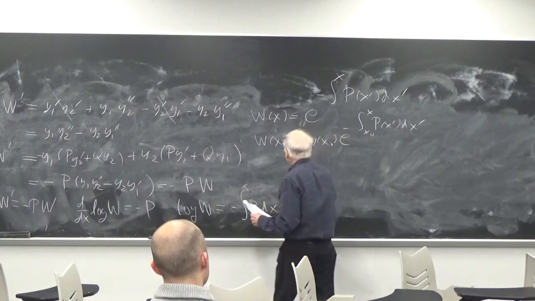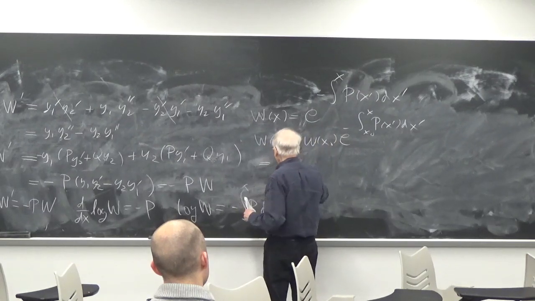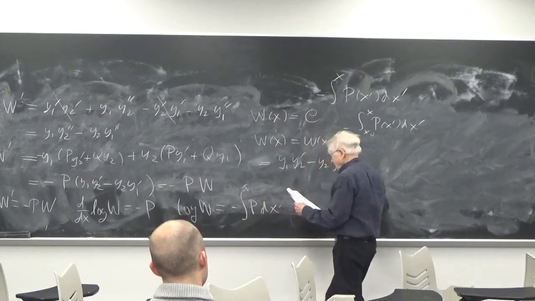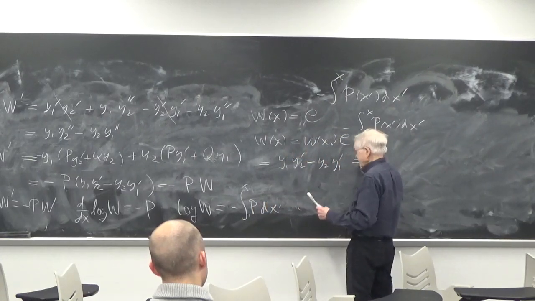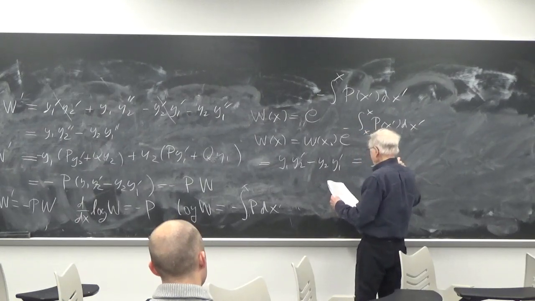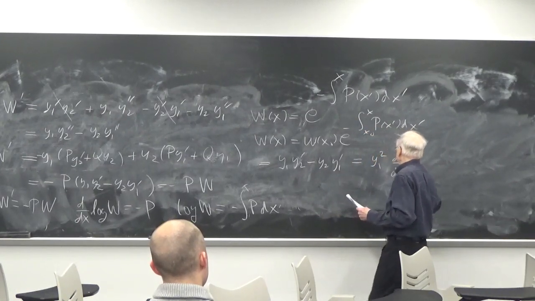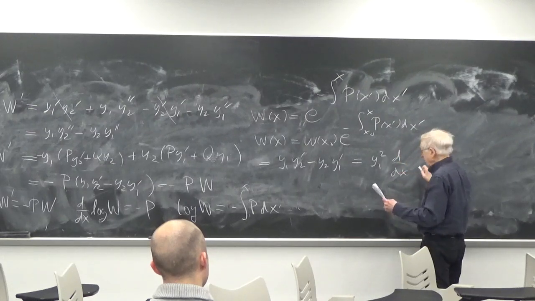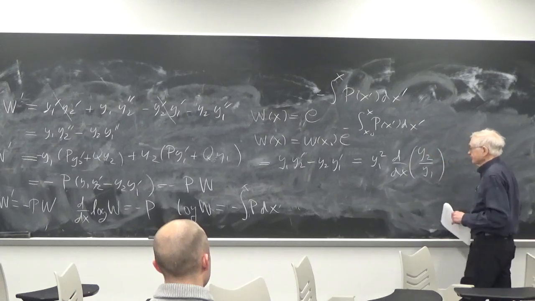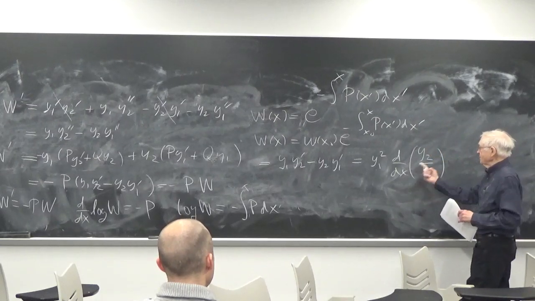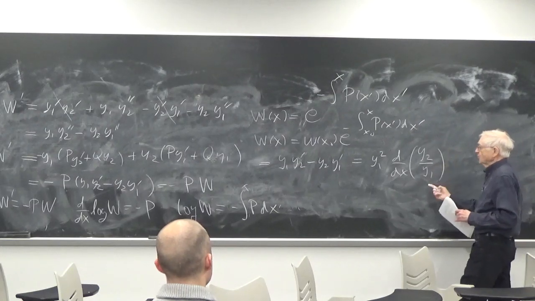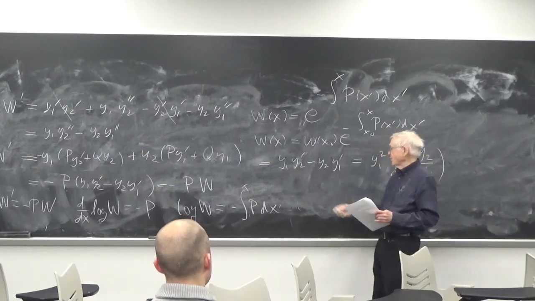And so now if we remember what the Wronskian is, well, it's y1, y2 prime minus y2, y1 prime. Well, we can rewrite that as y1 squared times the derivative of y2 over y1. And so if the derivative hits y2, you just get y2 prime, and that gives you this term.